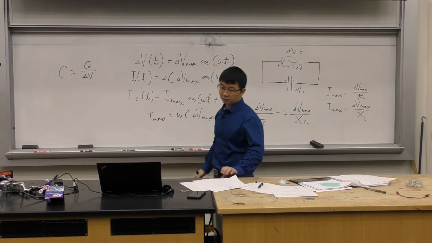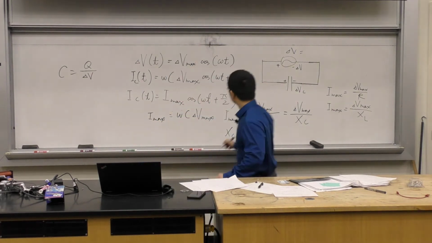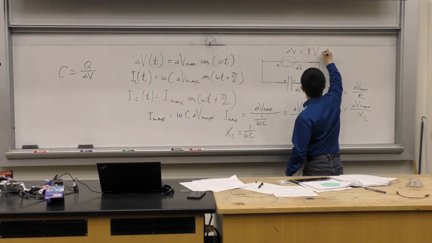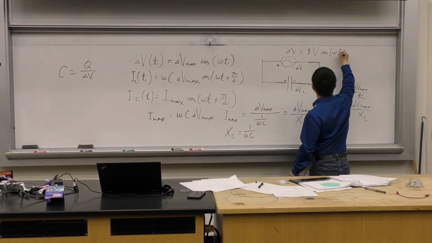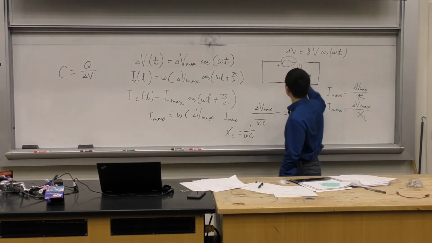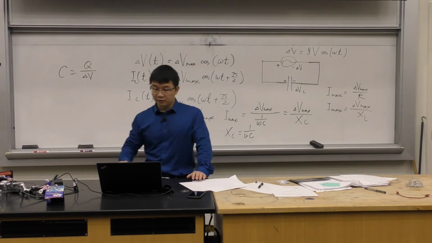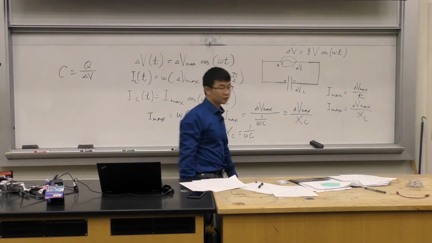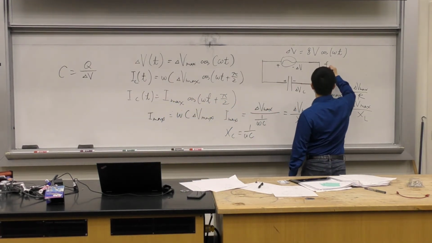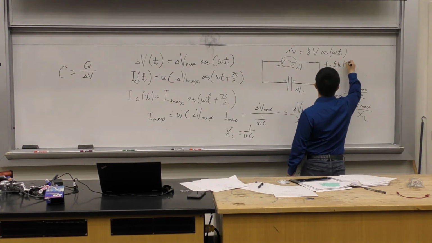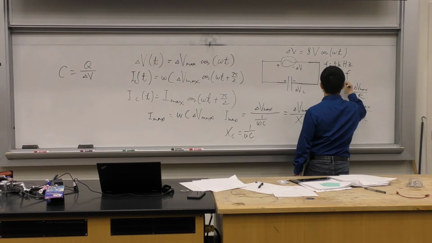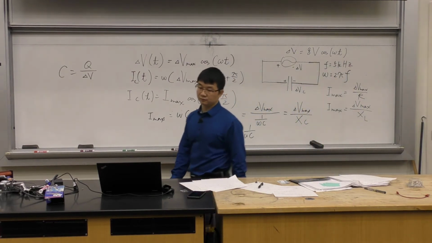It's still going to be this function, but what numbers do we get? 8 volts cosine omega t. In this problem, we don't know the angular frequency, but we know the Vmax. The problem tells you the frequency is 5 kHz. So you can use the relation between omega and the frequency to find the angular frequency.